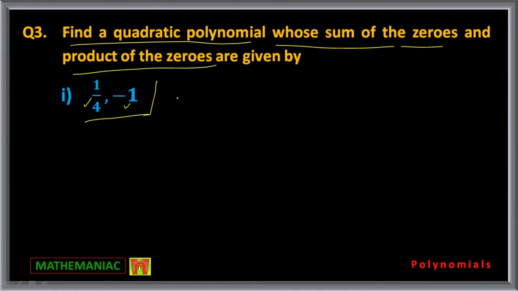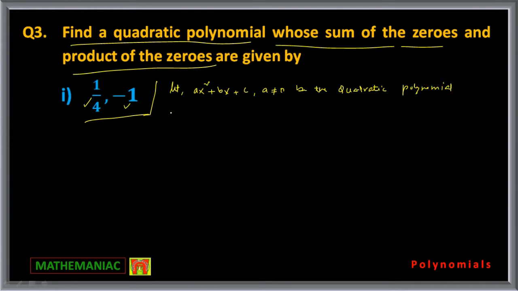I'll be writing the statement very completely, so you try to follow it. Let's start. Okay, so let ax square plus bx plus c, where a not equal to 0, be the quadratic polynomial.